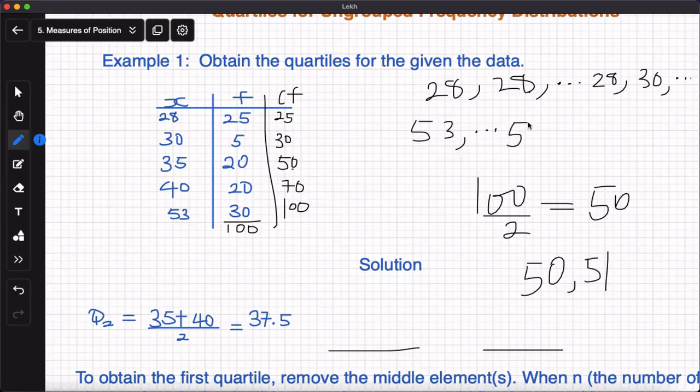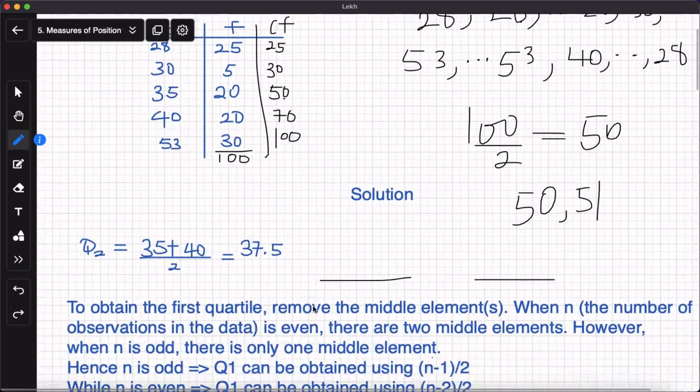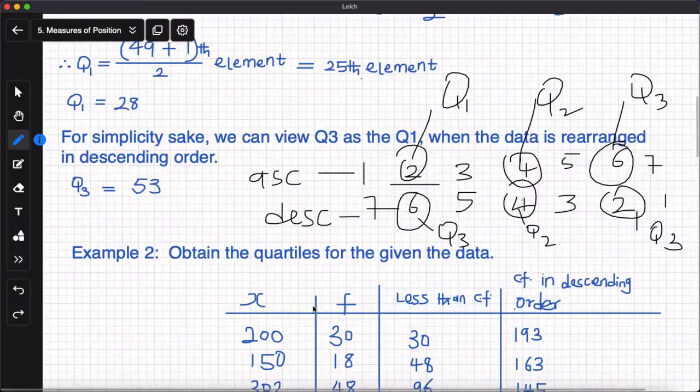And when I'm done, I'll repeat 40 20 times and continue like that until finally I will repeat 28 25 times. So that's what I'm doing here. If we do that, then our 25th element is going to be 53. So if that is the case, then our Q3 is 53. Now that's that about that.